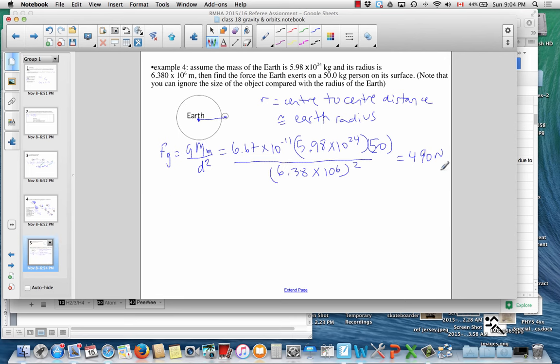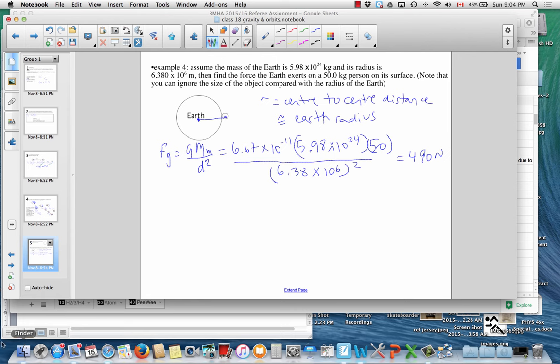And there's a bunch of decimal places there that I'm not writing out, but this, in a way, shouldn't really be a surprise, because if you found the force of gravity the other way, which would just be force of gravity is mg, then multiplying 50 by 9.8, you get exactly 490 newtons. So this is actually telling us something quite interesting.